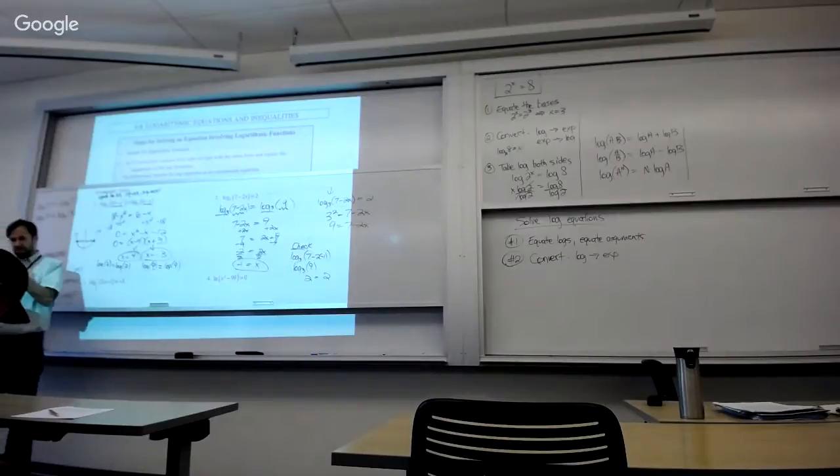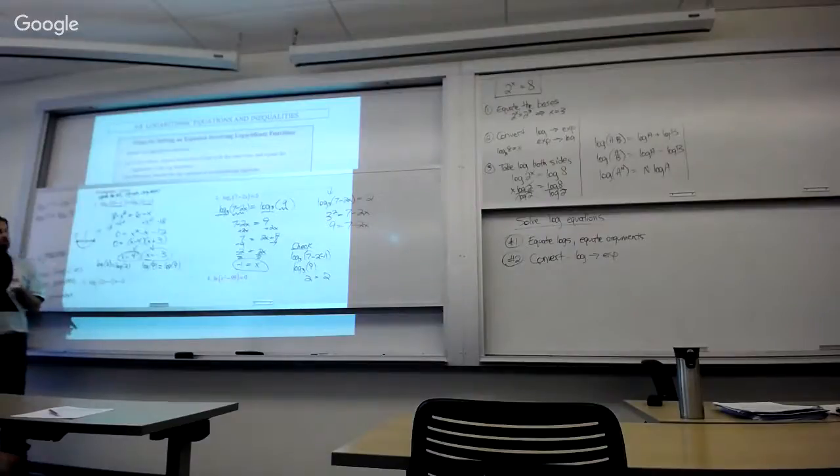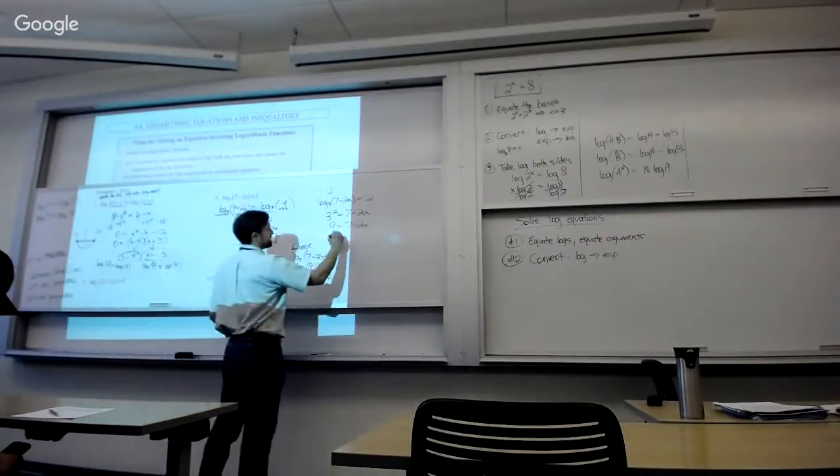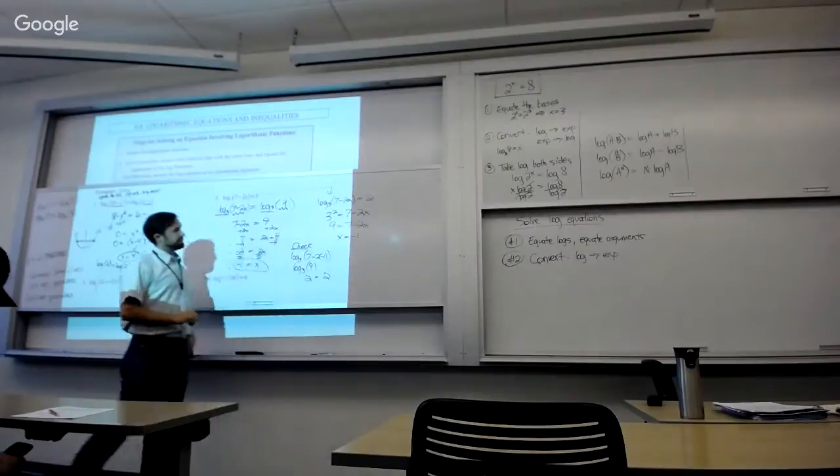Plus, it's one of the fundamental things I want you to internalize: convert from exponential to log, convert from log to exponential. That's almost always the way to solve an exponential or logarithmic equation, is to simply convert it to the other form. This obviously has the same solution. x equals negative 1.